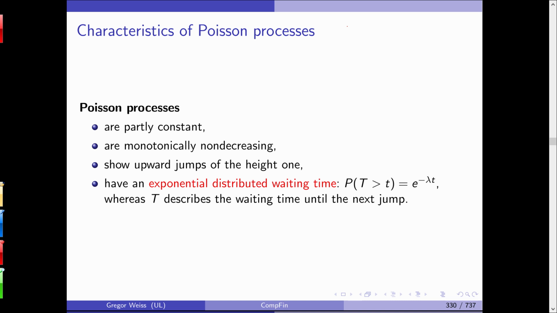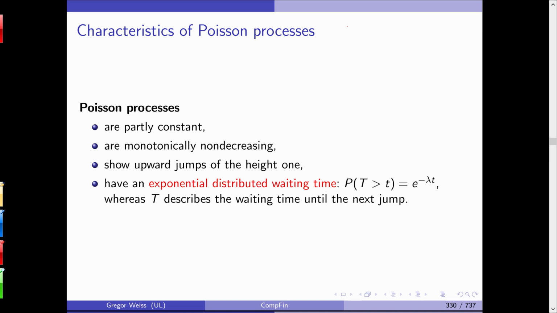Characteristics of Poisson processes. They are partly constant, which makes sense because we are staying constant, and then suddenly the process can jump up or down. They are monotonically non-decreasing. They show upward jumps of height 1, so they jump with this step 1.